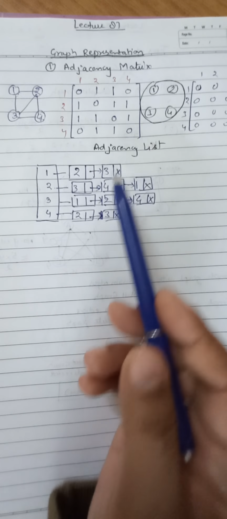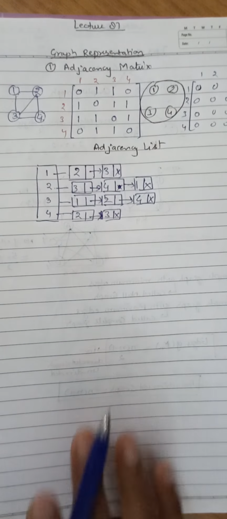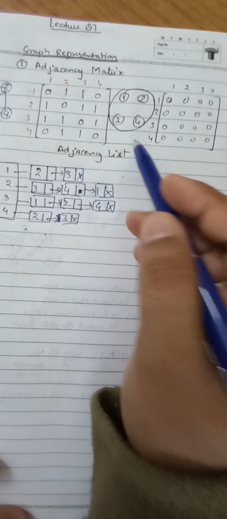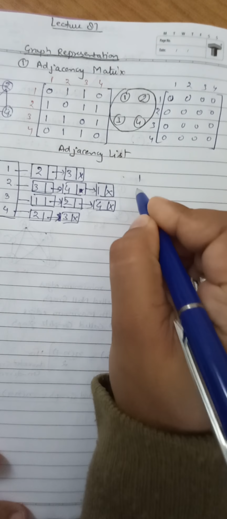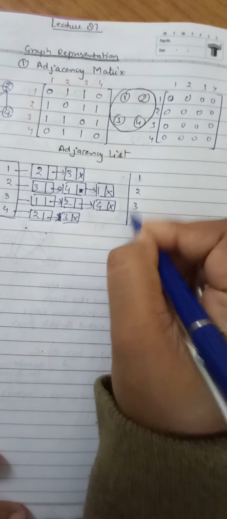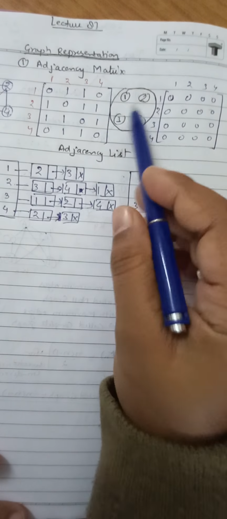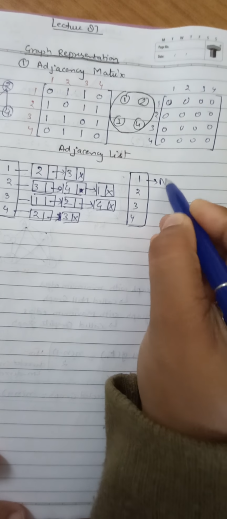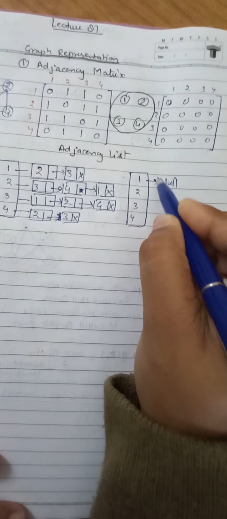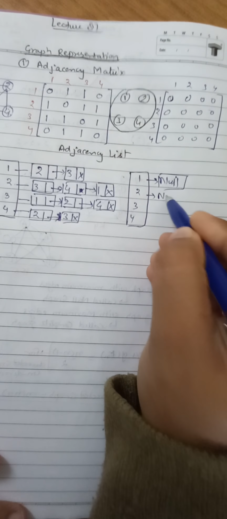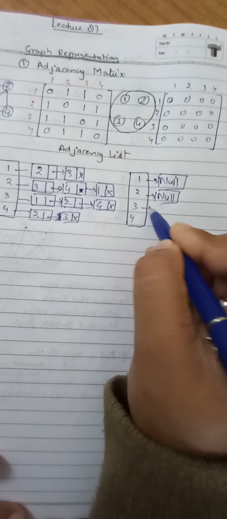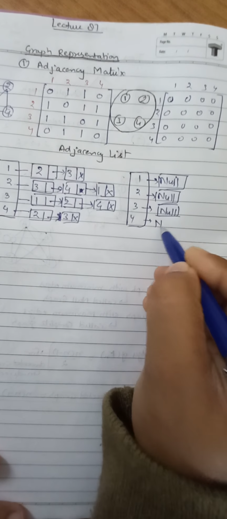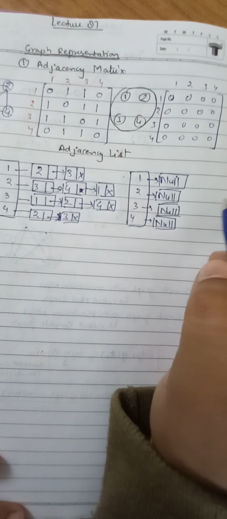This is called the adjacency matrix. This is called the adjacency list. Now for the second graph, how will we make this? We'll write 1, 2, 3, 4 like this, and because none are connected, we'll simply write null, null, null, and null.